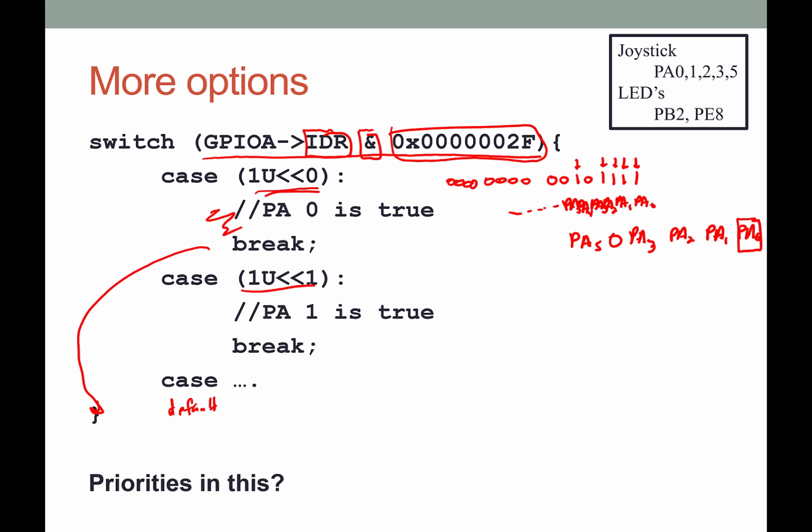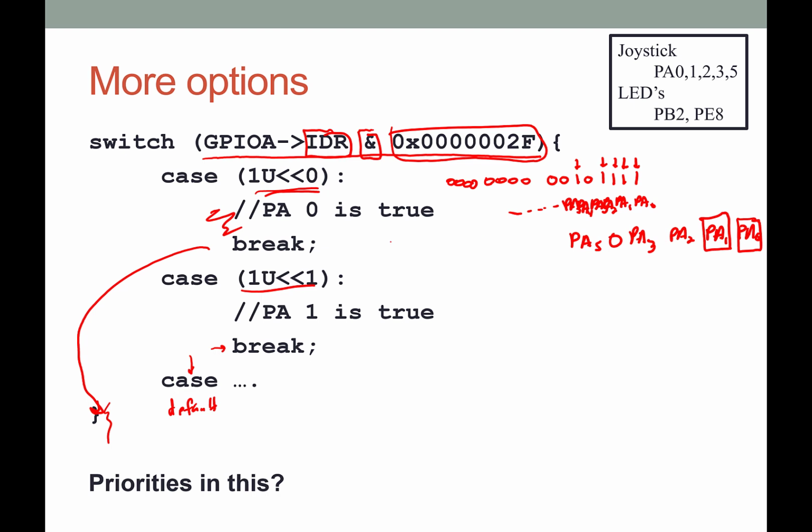Case 1 shifted 1, so that's basically saying this one is pressed. And so forth. So you select which one it's going, and if you don't have the break statement, it can continue on and go through down there to the next case and not break out to the end of the curly brace there. But you can see the idea here would be to do this consecutively.